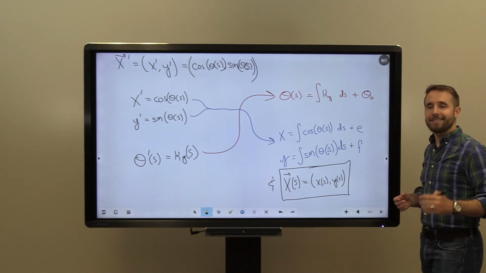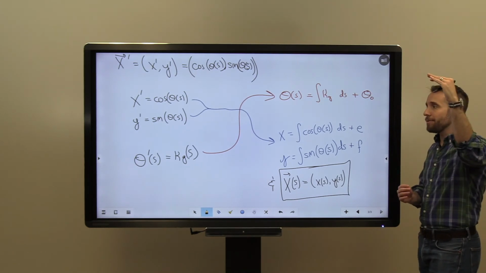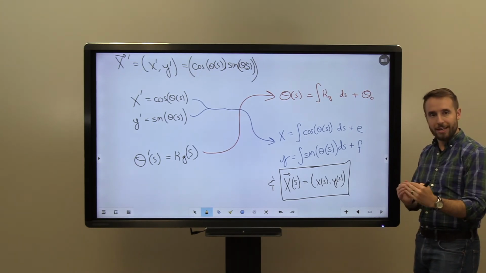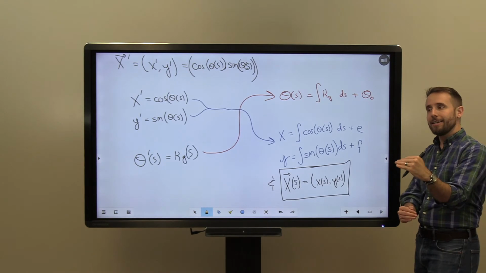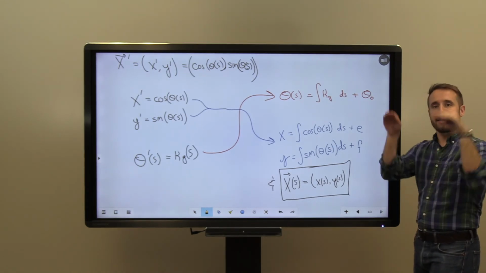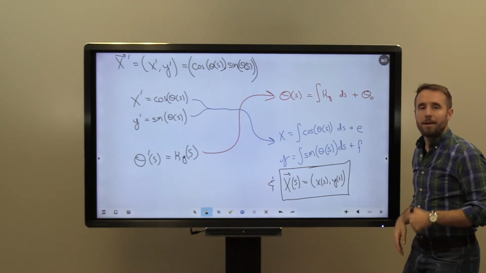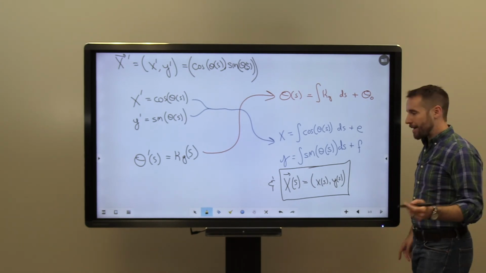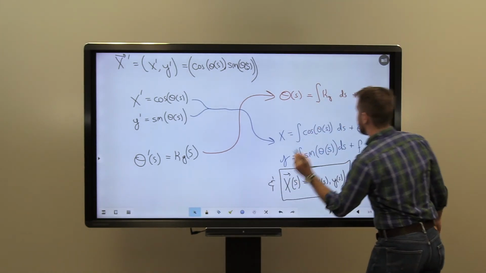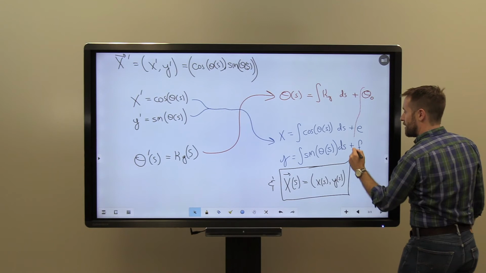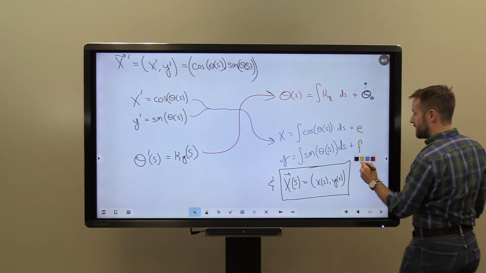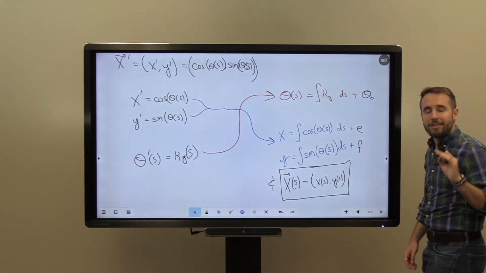So we ultimately had to take two derivative levels: first to integrate kappa to get theta, and then to integrate theta to get x and y. And notice we do have these extra constants here. I don't want them to just completely float away. These pieces here are all additional constants.